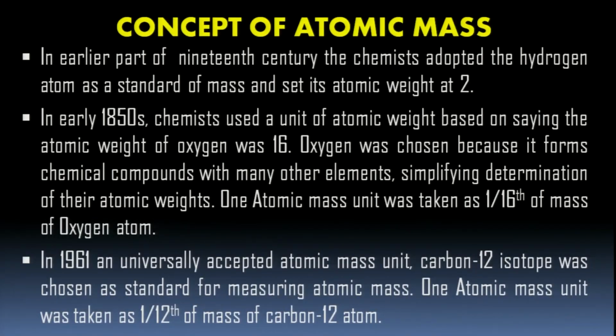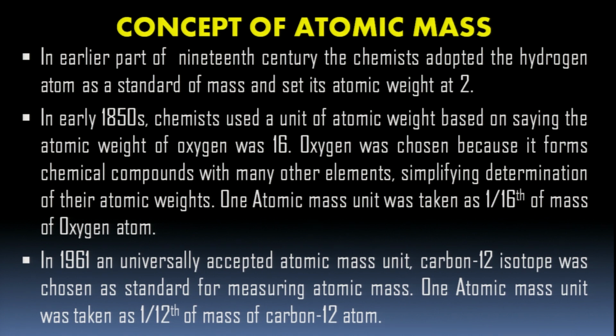Chemists used a unit of atomic weight based on saying the atomic weight of oxygen was 16. Through different experiments, by law of definite proportion and by experimenting with different compounds of oxygen, they assumed that the weight of oxygen was 16.